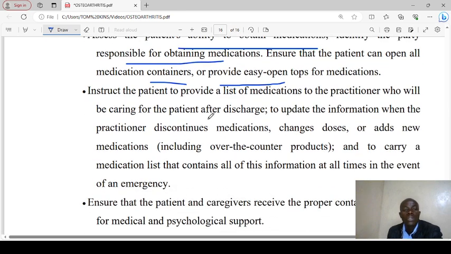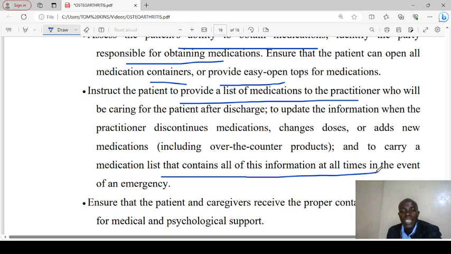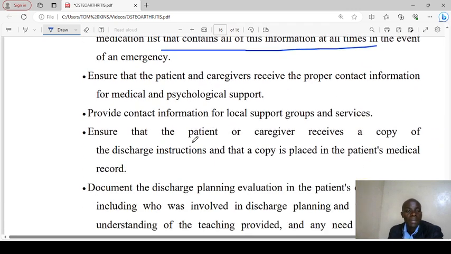Instruct the patient to provide a list of medication to the practitioner who will be caring for the patient after discharge, to update the information when the practitioner discontinues medication, changes dosage, or adds new medications, and to carry a medication list that contains all medications or this information in the event of an emergency.